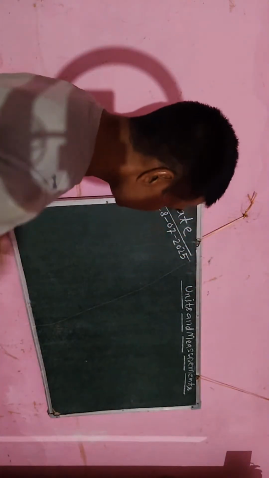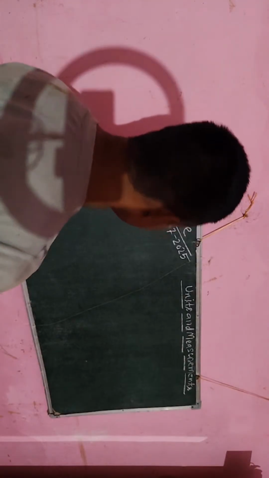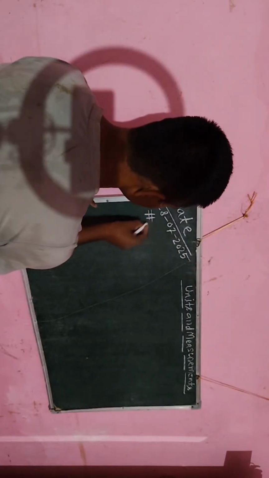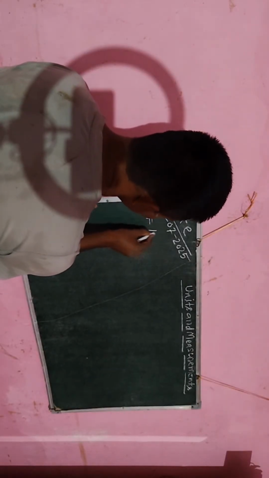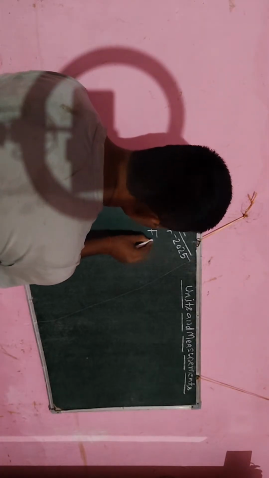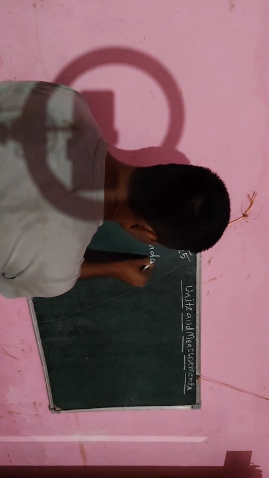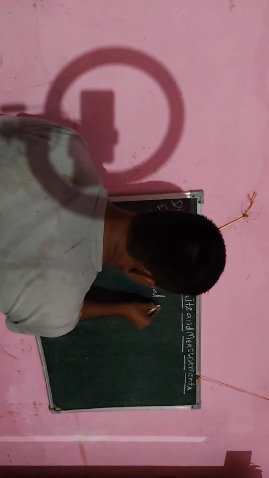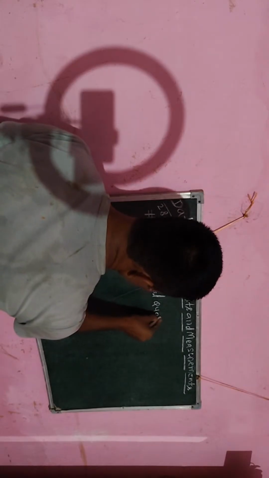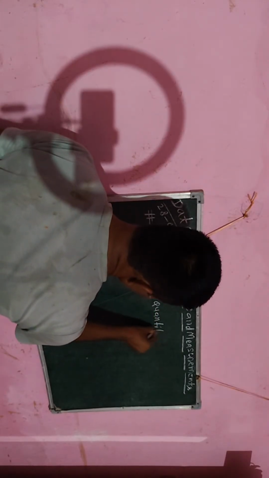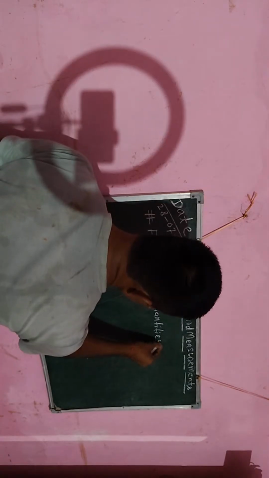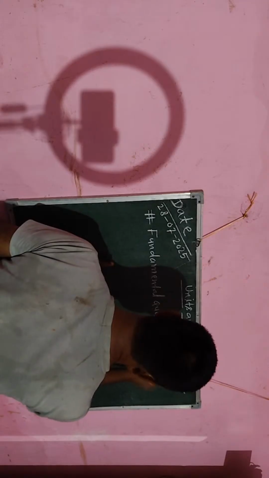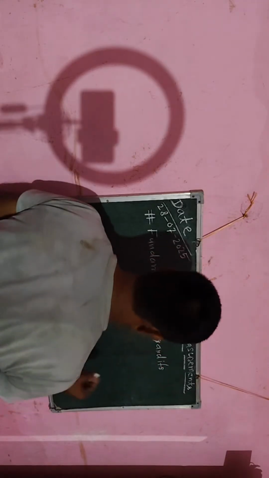Okay, students. Now I am going to make one table and that table heading I will write here. We have to write fundamental quantities and its SI unit.